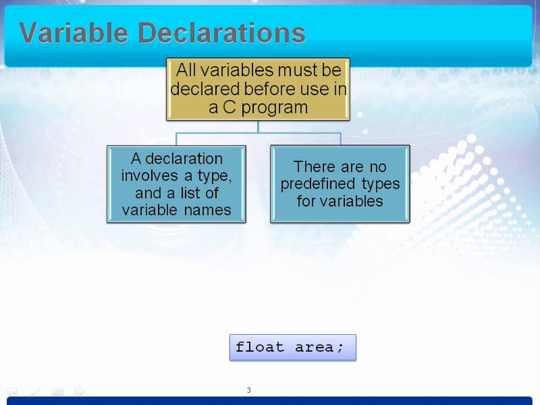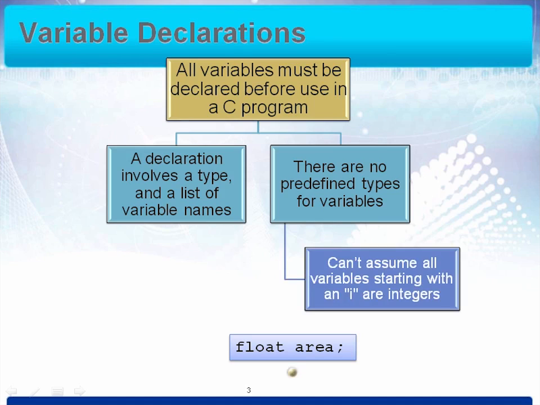But C doesn't have any rules like that. So you must declare every variable that you need to use, give it the name, and tell it what type it is so we can allocate the memory and know how to utilize that variable. So again, you can't assume your variables that start with I are integers. A lot of people do that. If they have loop counters or integer variables, they tend to follow that naming style, but that's just a convention. It's not a rule in C.